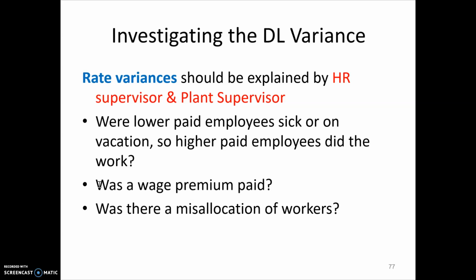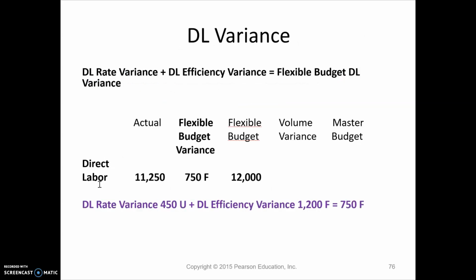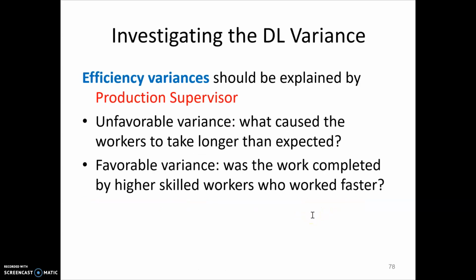So we talk to the plant supervisor and see who was paid to be on that job. So in our situation here, we could have had higher skilled workers working and they were able to work faster. Okay. And so that's why we had the favorable efficiency variance.